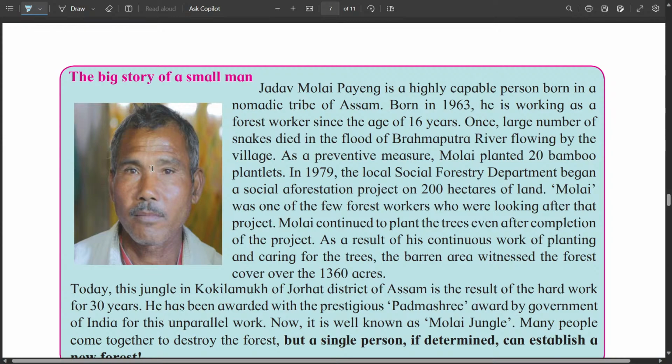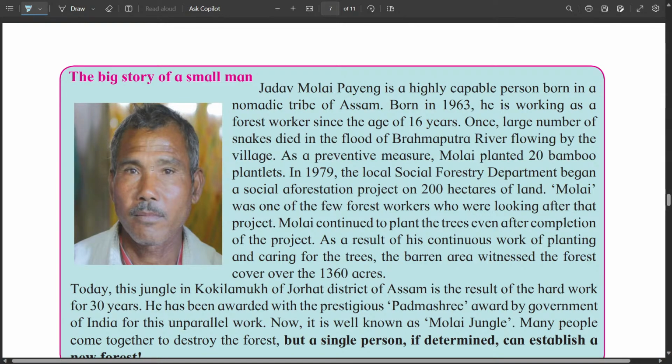The big story of a small man. Jadav Molai Payeng is a highly capable person born in a nomadic tribe in Assam. Born in 1963, he has been working as a forest worker since the age of 16 years. Once, a large number of snakes died in the flood of the Brahmaputra river flowing by the village.